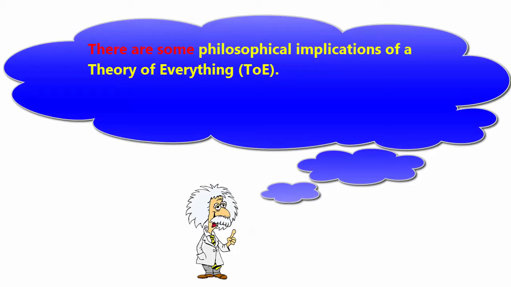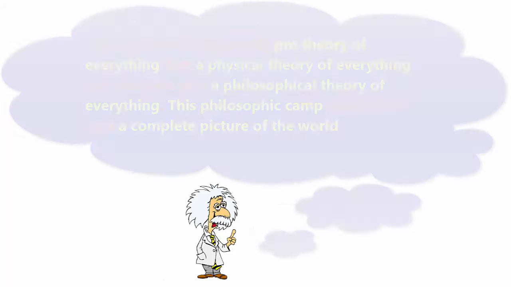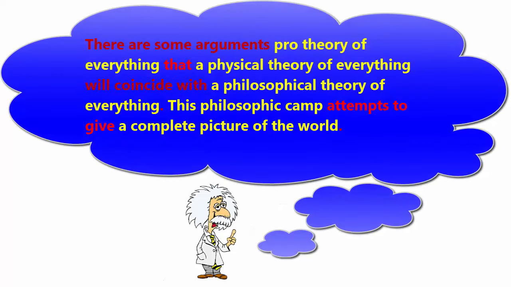There are some philosophical implications of a theory of everything. There are some arguments pro-theory of everything that a physical theory of everything will coincide with a philosophical theory of everything. This philosophic camp attempts to give a complete picture of the world.